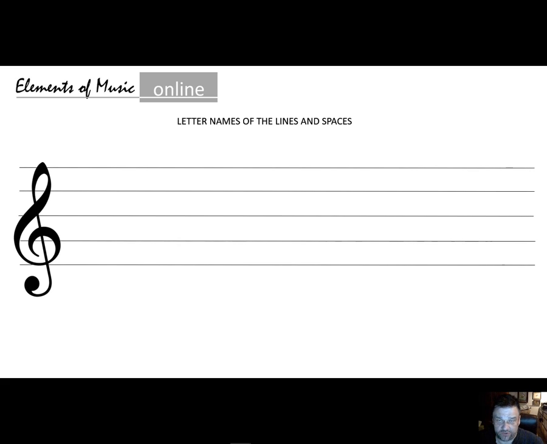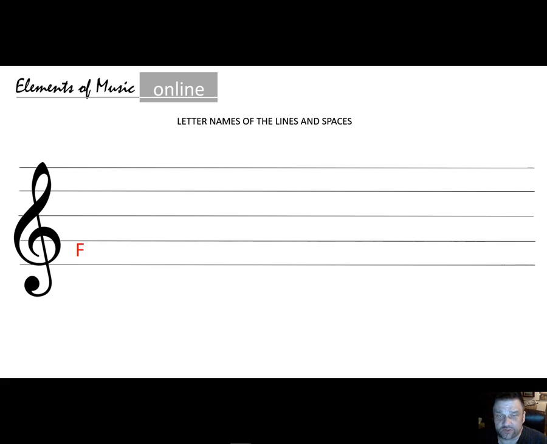Now, let's look at how these letter names go with the lines and the spaces of a treble staff. In other words, each space, each line has a letter name associated with it. Now let's start with the spaces. Remember, we got 4 of them. Well, each of these spaces has a letter name associated with it.